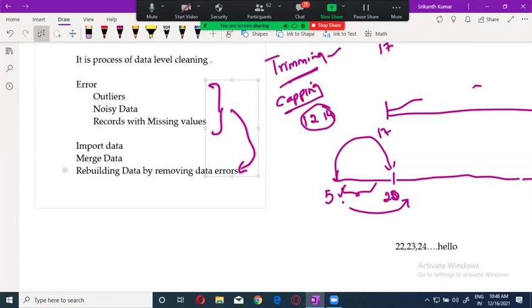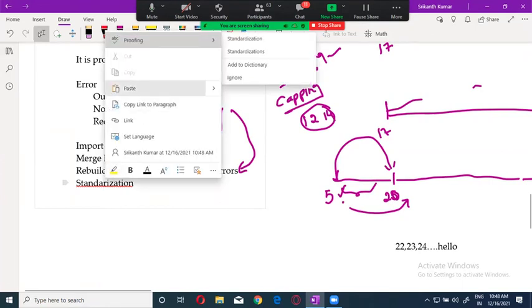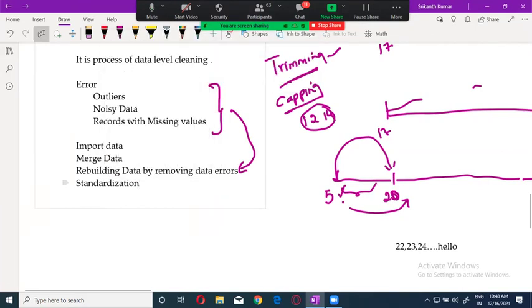Still, there will be a problem. What is the problem? I will tell you. There is something called standardization, and there is something called normalization.